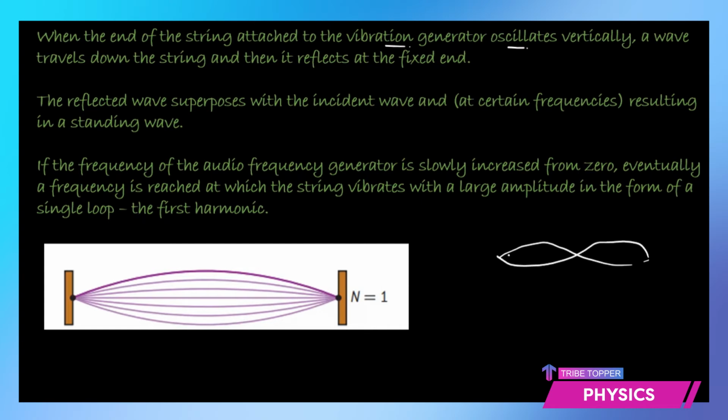As you increase the frequency of the audio frequency generator from zero, eventually you reach a frequency where the string vibrates with a large amplitude in the form of a single loop. This frequency, where you get a single loop, we call the first harmonic. This is for n equal to 1. That's your first harmonic.